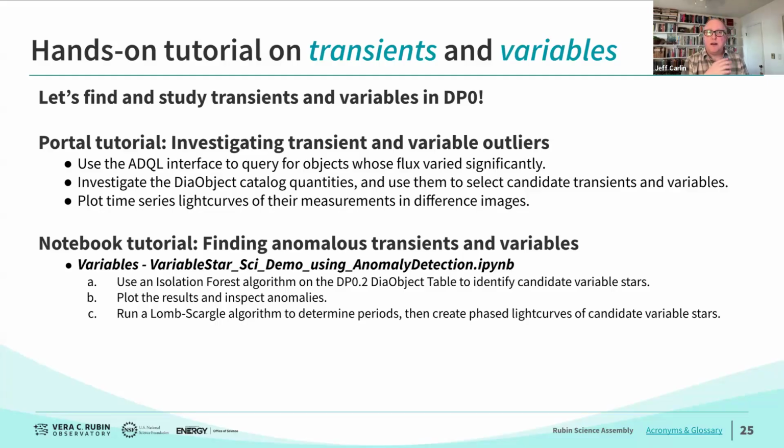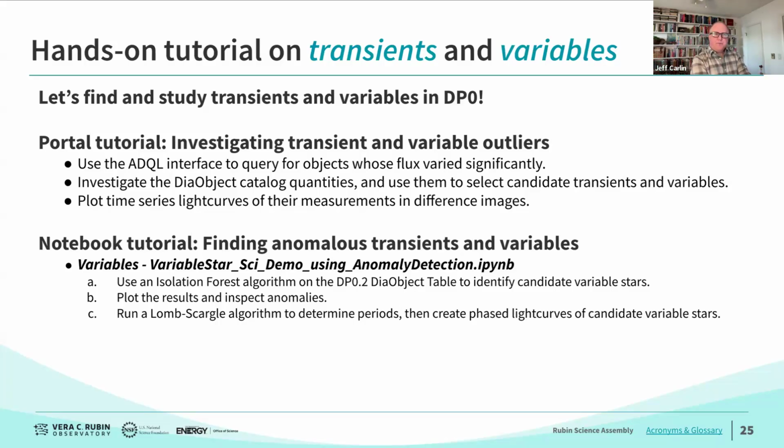I'm not going to go through a lot of detail about every line of code in the notebook because we have a lot of recorded sessions demonstrating the basic functionalities and how to use them. So I'll refer you to those for more details about the basics. I'm just going to show you a very rough idea of how one could do science using the data products.